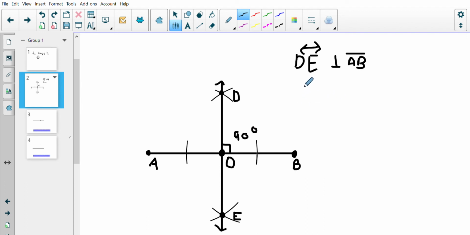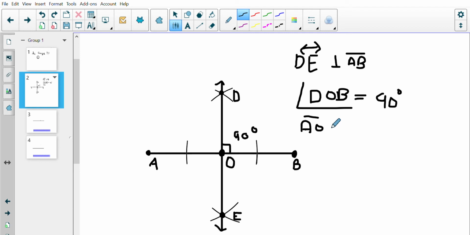Angle DOB equals 90 degrees, because it's a perpendicular or right bisector, that's why it has 90 degrees. Right angle is 90 degrees, so this is 90. And one last thing, line segment AO is equivalent to line segment OB.